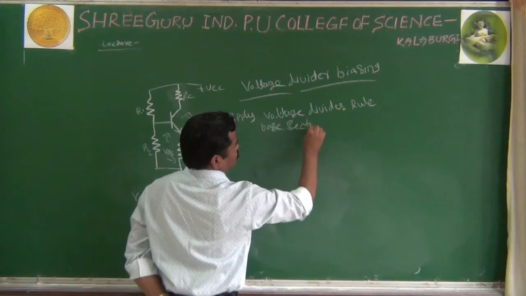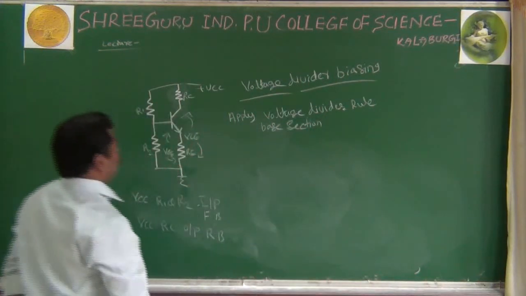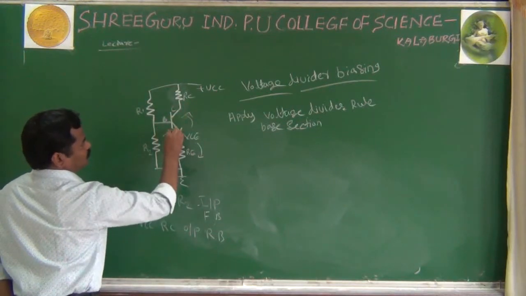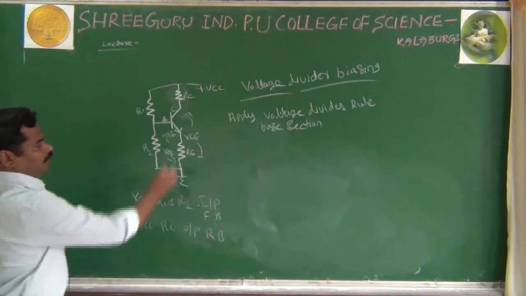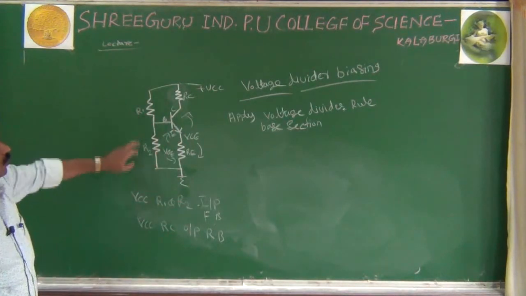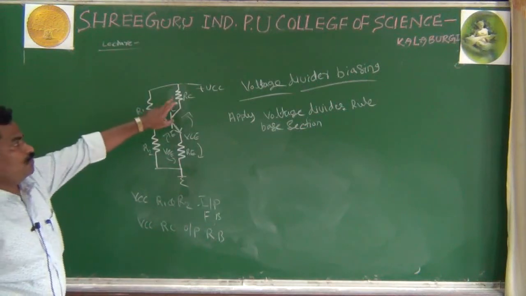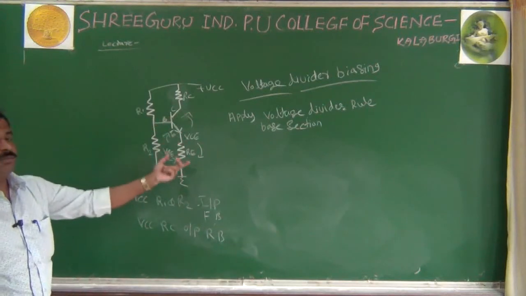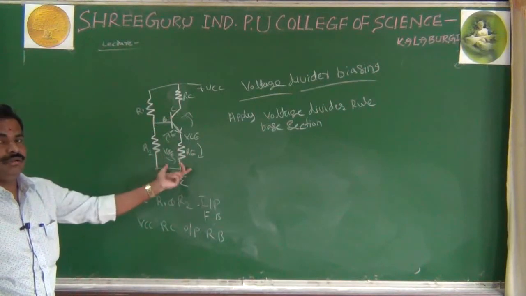We know already this is your base, this is your collector, and this is your emitter. As I said, R1 and R2 are used to make the voltage divider biasing. RC is used to make the reverse bias. And what is the use of RE? Why do you use RE?